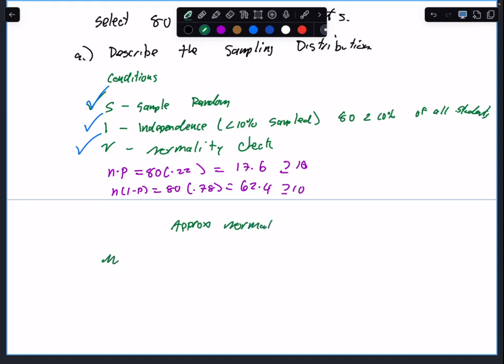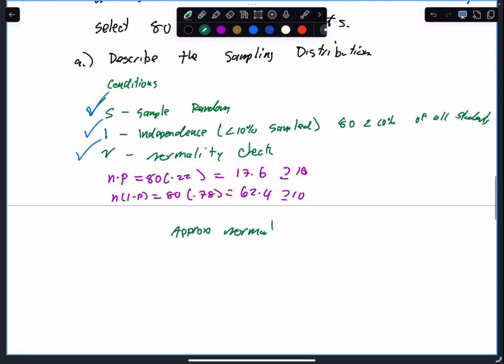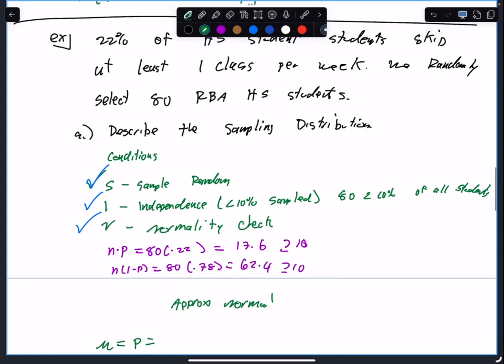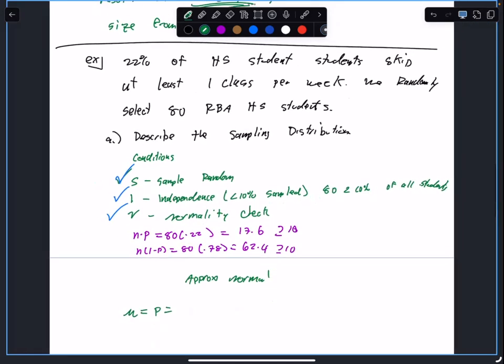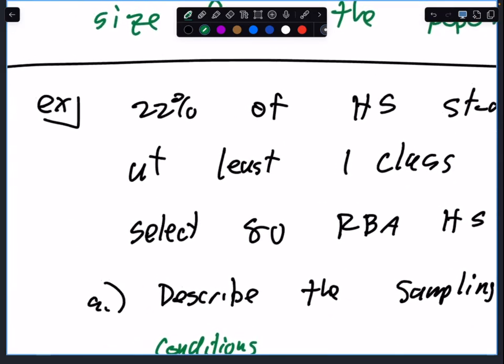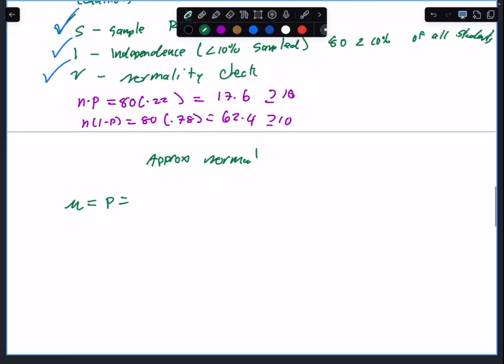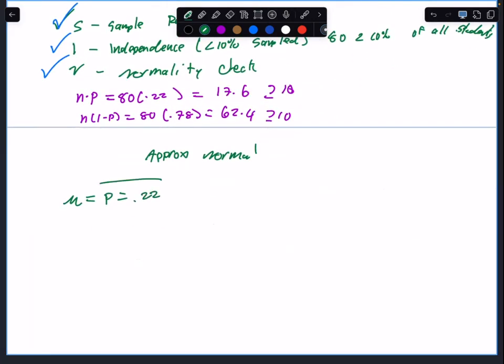And the mean is equal to P. Well, what is P in this problem? What percent is success? 22%. So P is 0.22. So that's the mean.